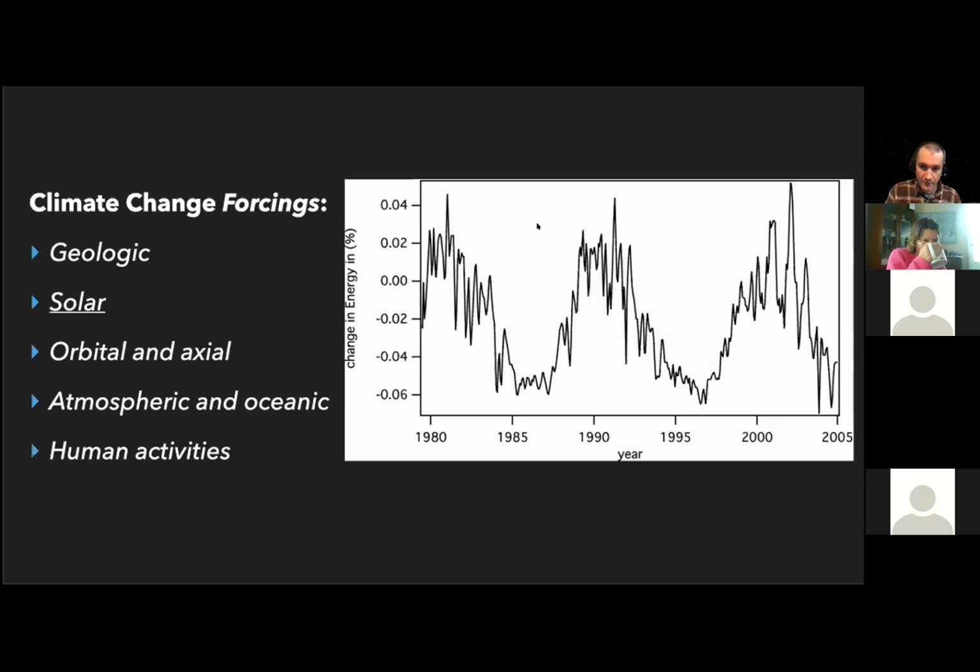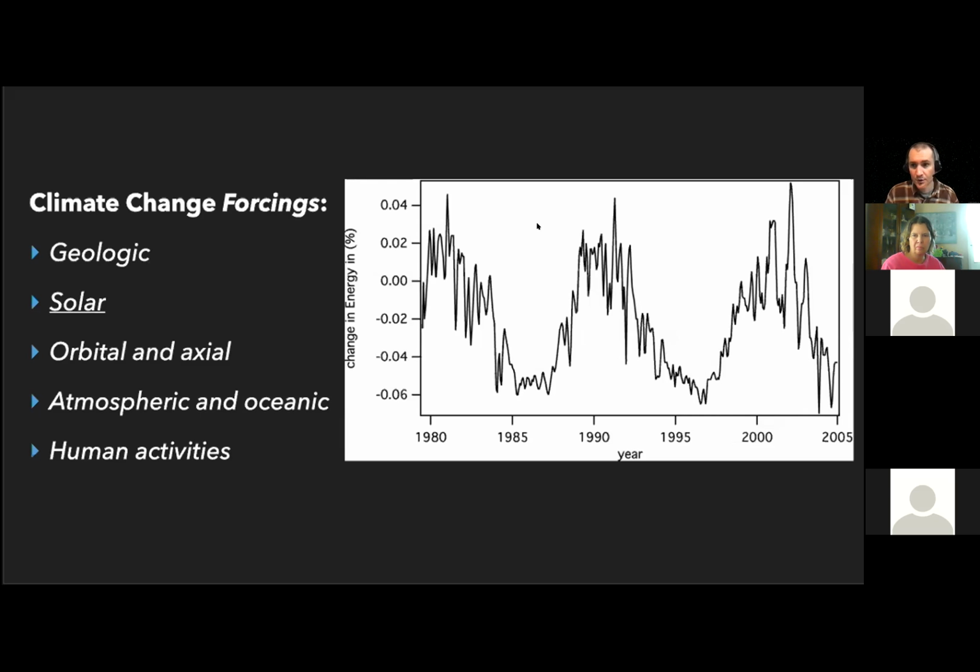We also have solar climate forcings. So this can be in regards to the actual output of solar energy varying over time. This is very closely related to the 11-year sunspot cycle, and we've captured 3 of those here in recent years.